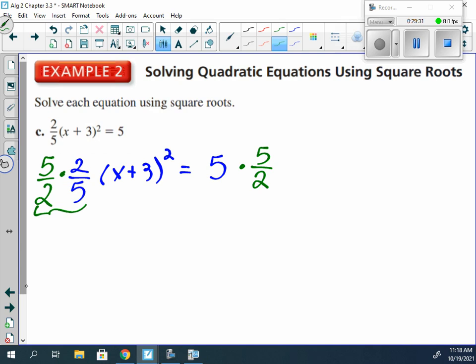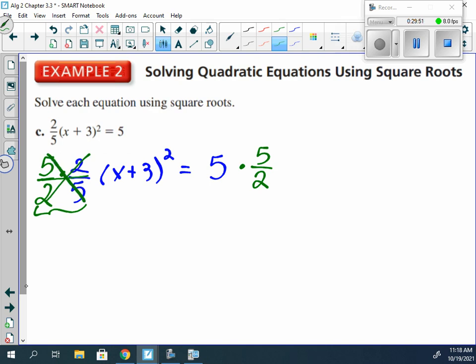So when we multiply by the reciprocal, we multiply straight across, it'd be 5 and 2, 2 and 5. Well, 5 times 2 is going to be the same as 2 times 5. So really it's dividing by itself. So that just simplifies to 1.